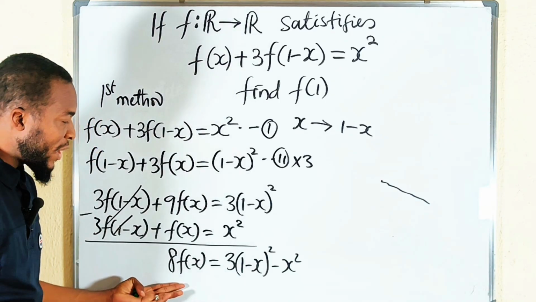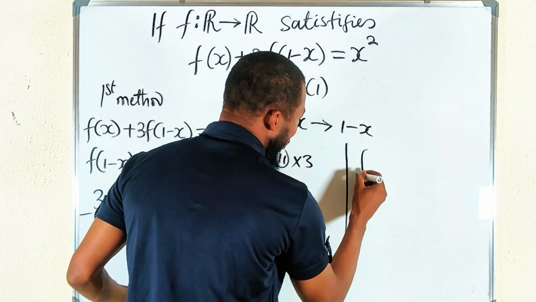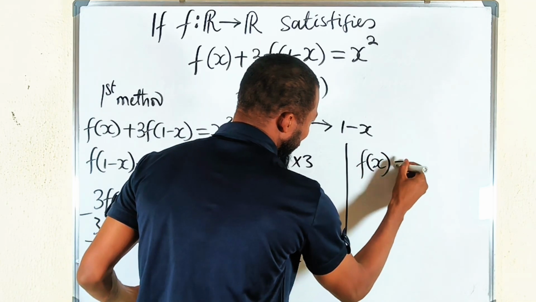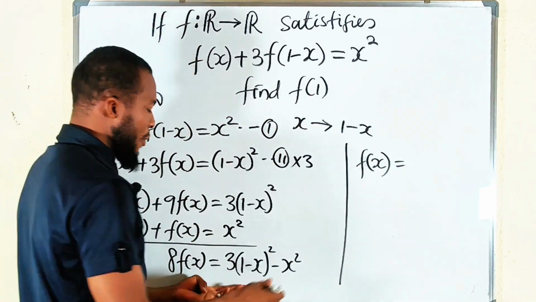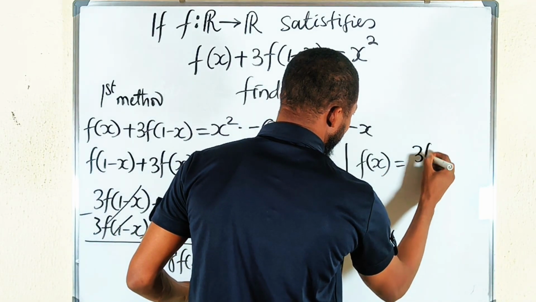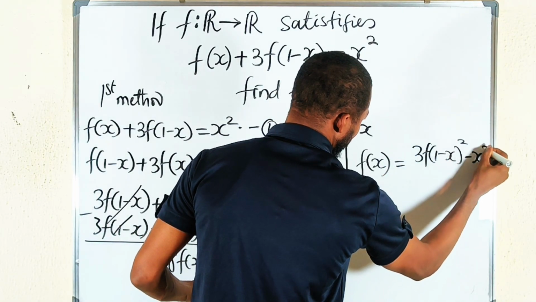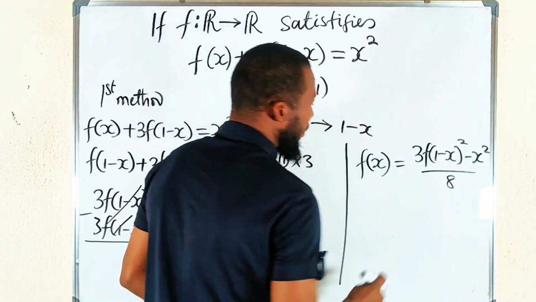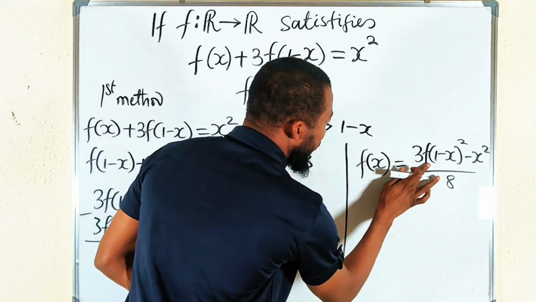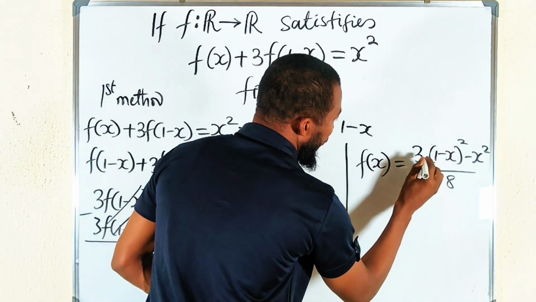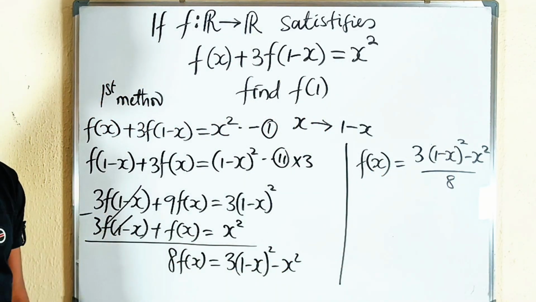And lastly, you divide both sides by 8. So you have your functional equation. This is the solution. You don't have to expand, but if you want to, go ahead, but I will not do that. This is 3 times (1 minus x) squared minus x squared, divided by 8. This is our functional equation. No, there's no f here, sorry. 3 times (1 minus x) squared minus x squared.